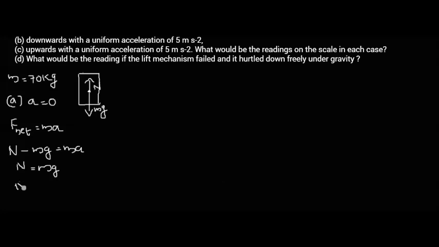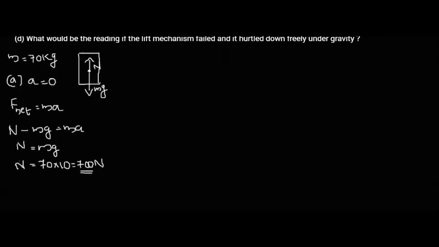So from this, normal reaction is equal to mass, 70 kilogram, and if we are taking g as 10, we will get 700 Newton. 700 Newton is the normal reaction, and we have to convert this into apparent weight. That is, the apparent weight is equal to 700 divided by g, that is 10, which is equal to 70 kilogram weight.